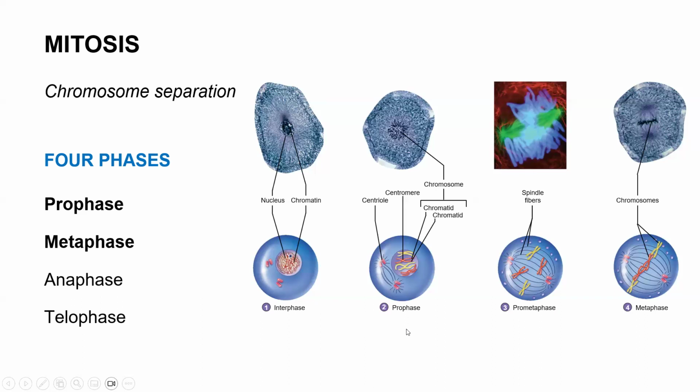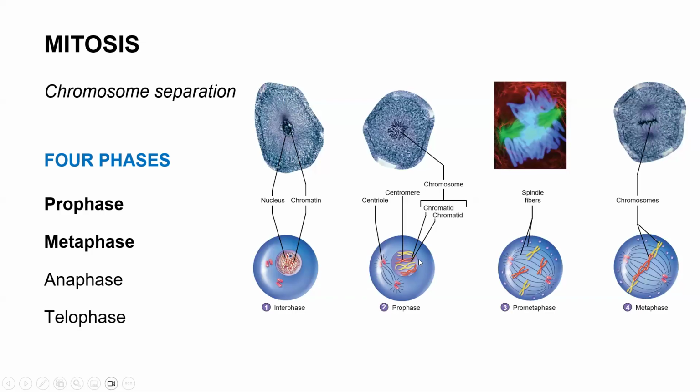Now we're actually entering mitosis. This is our first phase of mitosis, prophase. Now instead of just being thread, we're organized into chromosomes, and each half of our chromosome is known as a chromatid. So the material itself, the way DNA hangs out unorganized, is chromatin.